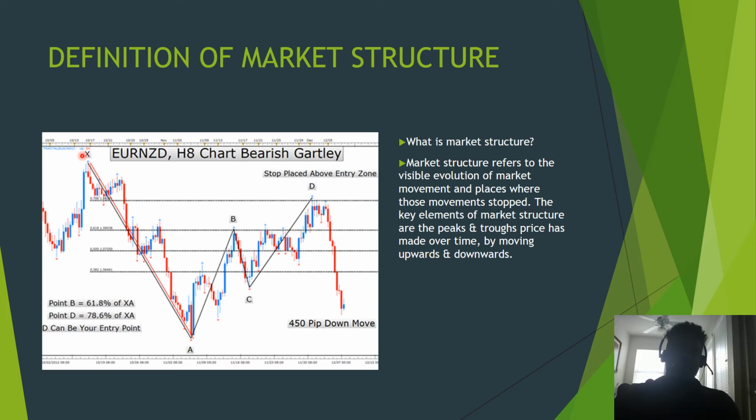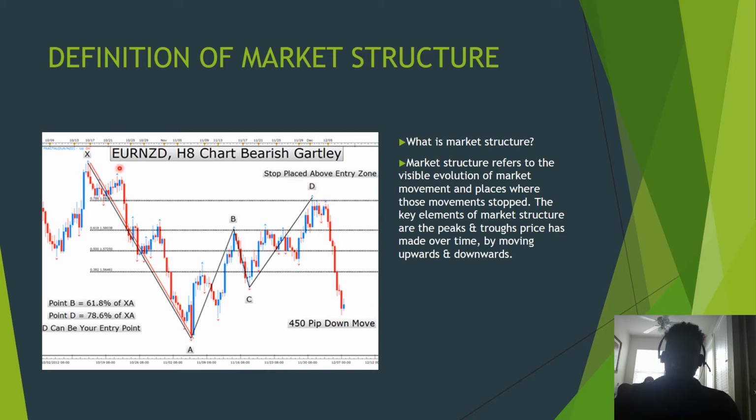So therefore, I use sort of like a bearish Gartley to depict what an average market movement would look like. So X to A would show what? A downtrend. And then A to B would be an uptrend. And then B to C would be a downtrend. And then C to D would be an uptrend. And it will be immediately followed with a downtrend.